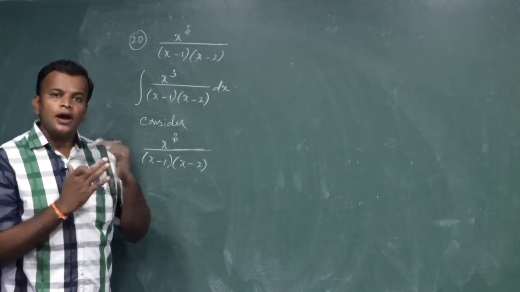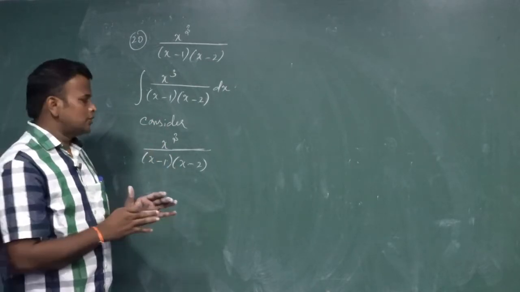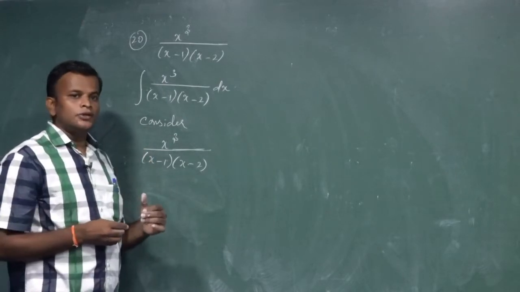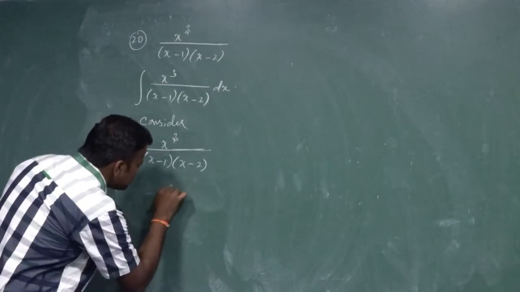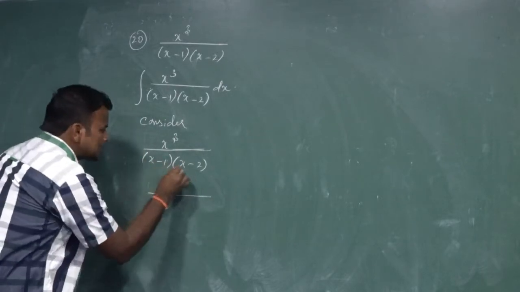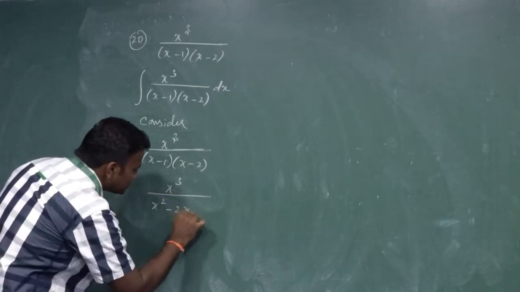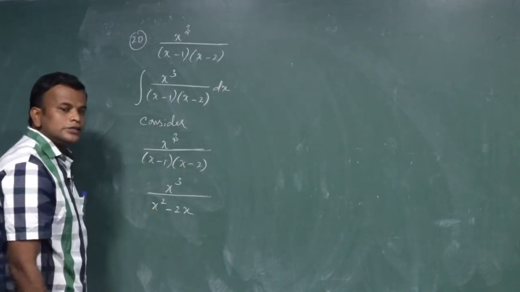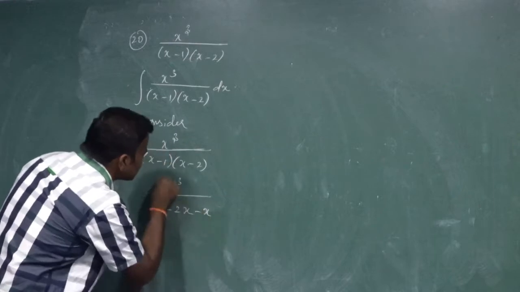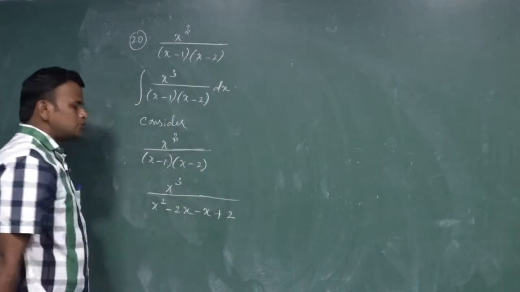So first we convert the improper fraction into a proper one. For this purpose, first of all, I expand the denominator. x into x is x squared, x into minus 2 is minus 2x, minus 1 into x is minus x, minus into minus is plus, and 2 ones are 2.